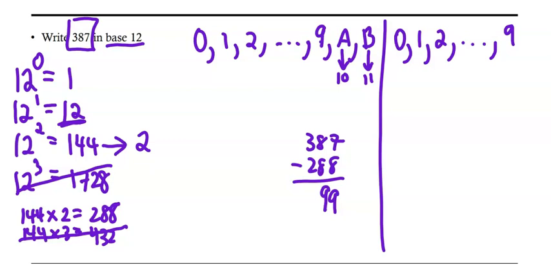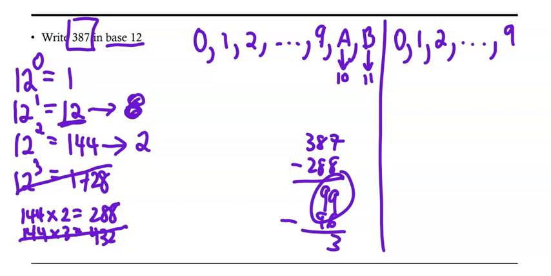And 12 times 8 is 96. 96 is still smaller than 99. So what that means is 12 goes into 99 8 times, which is 96. So all I've got to do now is take 99 minus 96, and I realize that there's 3 left over.